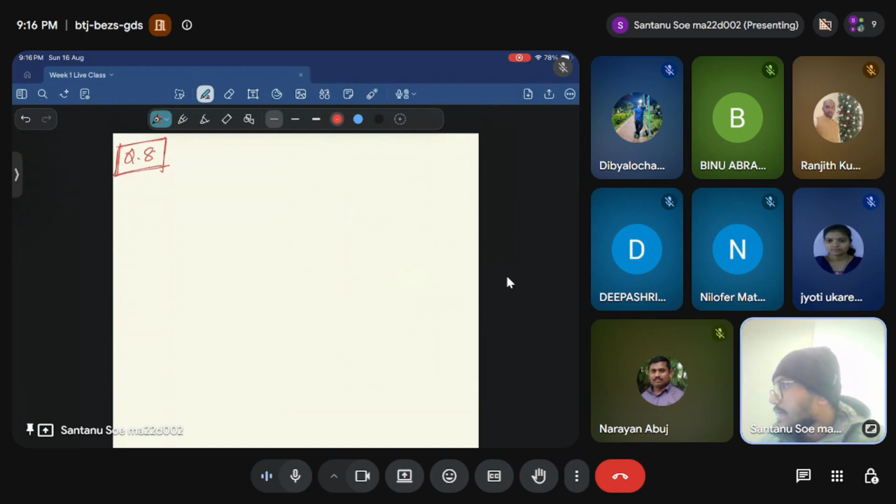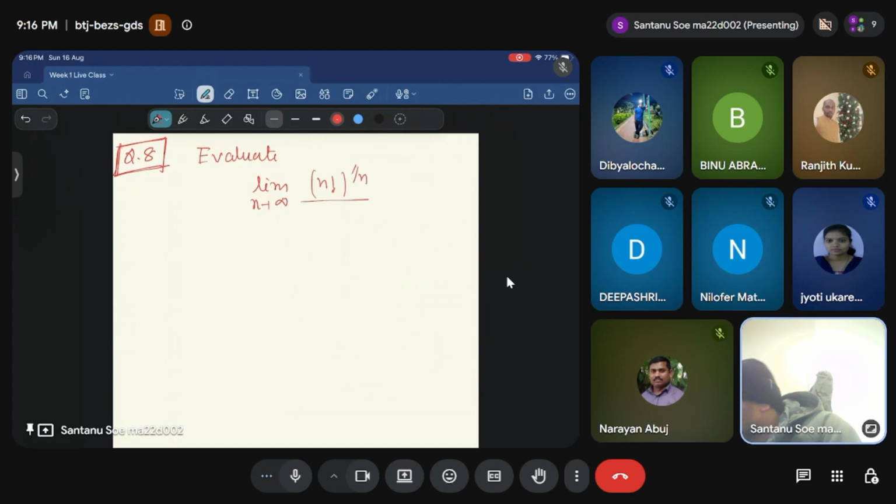So the next question is to evaluate the limit of n factorial to the power 1 by n, divided by n.